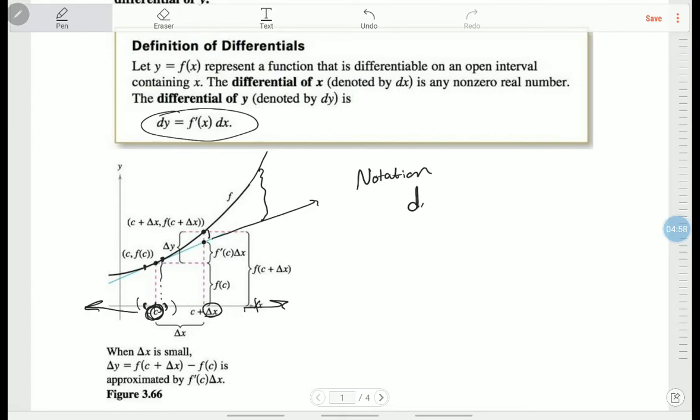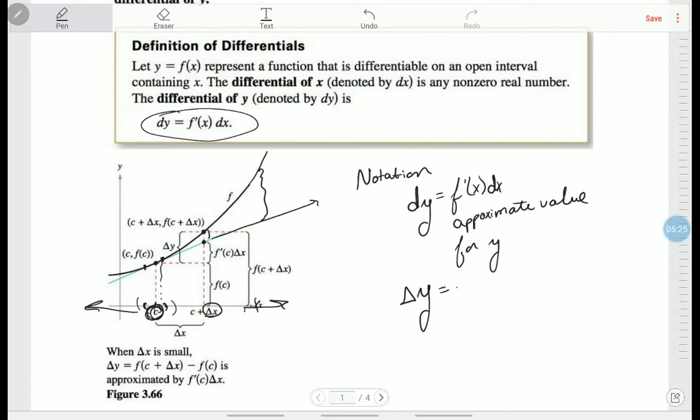When we see dy, by definition, it is f prime of x times dx. This is going to give us an approximate value for y. If we see this notation, delta y, that means the exact change in y.